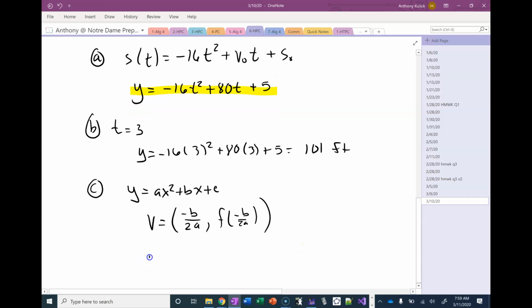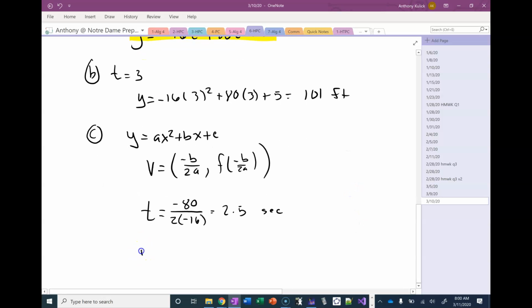So for our case, that time where we reach our maximum height is going to be negative 80 over 2 times negative 16. So that reduces down to, let's see, that's 8 times 10, and that's 8 times 2 times 2, so I end up with 2.5, I think. And to get the maximum height then, what I'll do is I'll plug 2.5 in.